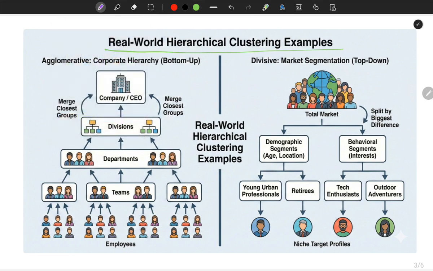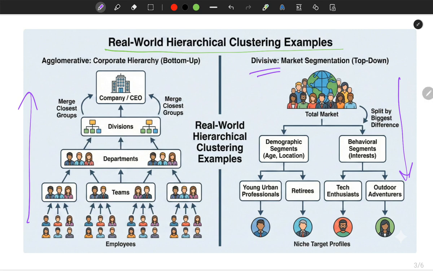This one follows the bottom-up approach, that is, agglomerative hierarchical clustering. Whereas this one is a top-down approach, the divisive type of hierarchical clustering. So we can observe that hierarchy follows either bottom-up or top-down.